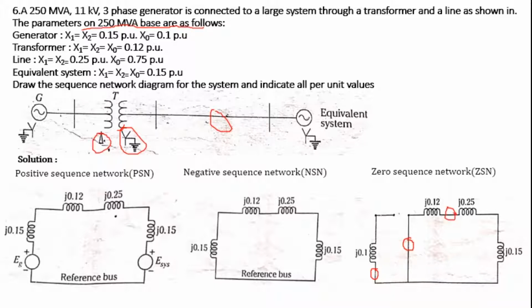Then for the equivalent system, it is star grounded, so this series switch is connected to the system. So this is how we draw the zero sequence network. This is simple, but we need to practice once to draw these things.